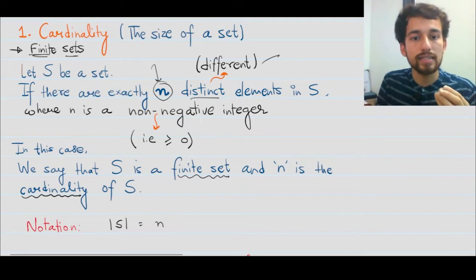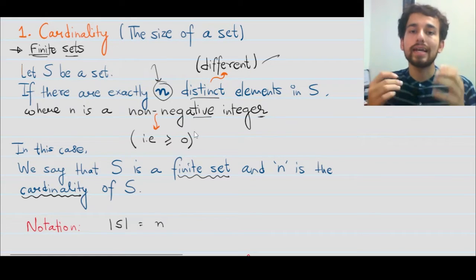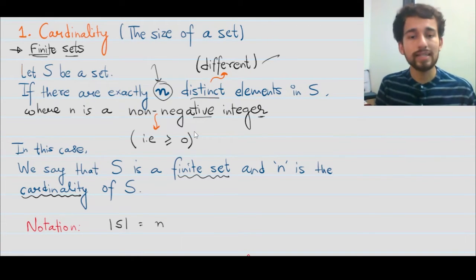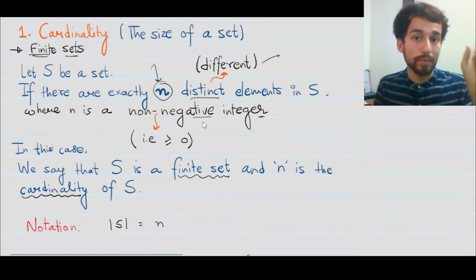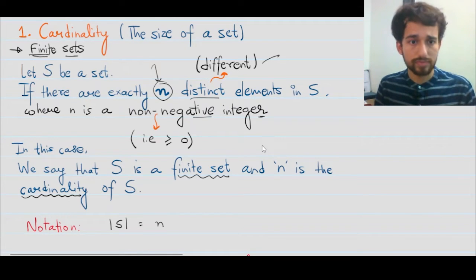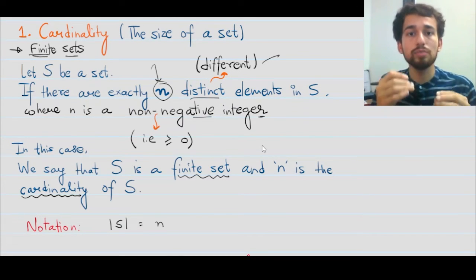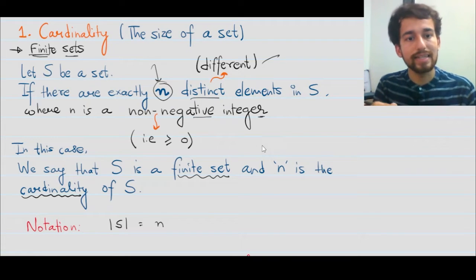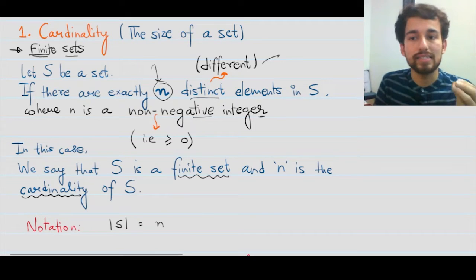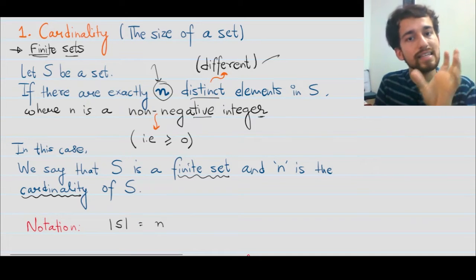This n is a non-negative integer, meaning greater than or equal to 0. So it may be positive or 0 itself. If it is 0, then your set will be empty because it contains no element. If n is a positive integer, then there will be exactly n elements in that set. For example, if n is 7, then your set S contains 7 elements.